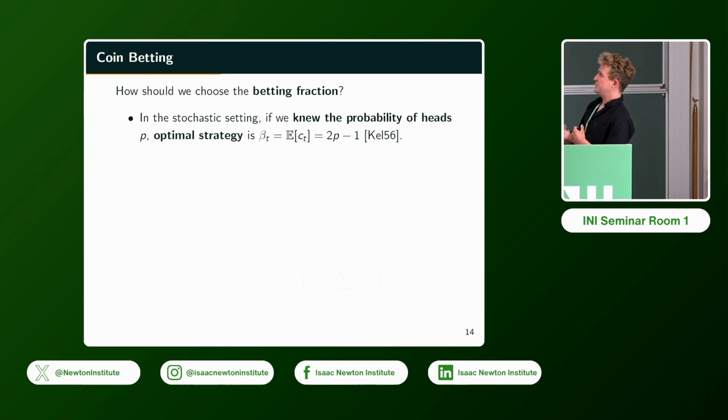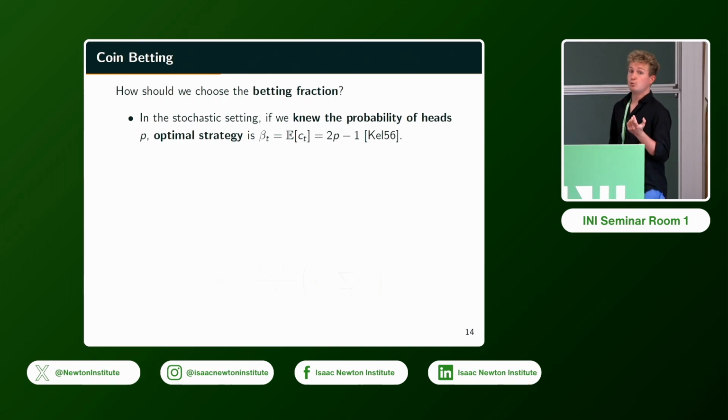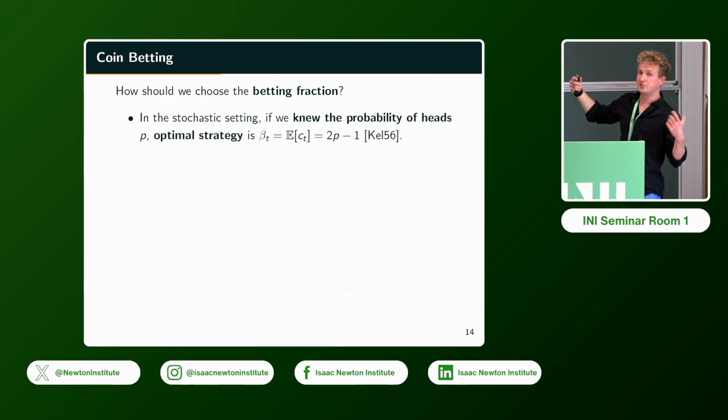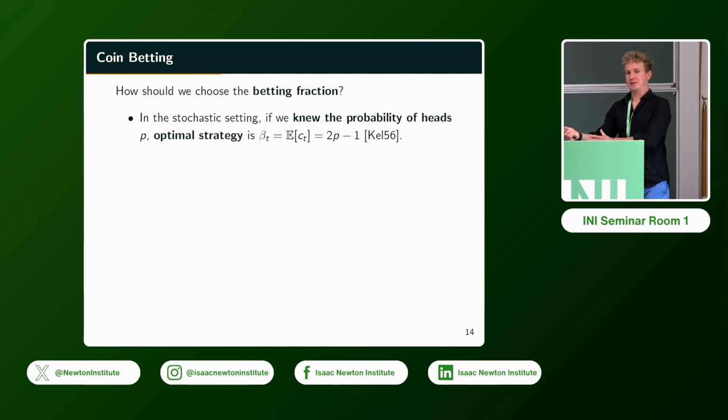If, for example, the probability P of getting a heads was 1, so if this was always heads, this tells us that beta T would be equal to 2 times 1 minus 1, so 1. In other words, we always bet all of our wealth on heads at each time step. That makes sense, right? Because in that scenario we're going to always see a head, so we might as well keep betting all our money on heads. Okay, so that's in this simple IID setting.